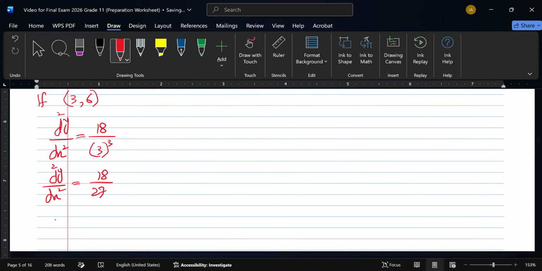When I solve this, I will get something like 2 over 3. It's not a matter of the number, it's a matter of which sign you have. Look at the second derivative. It gives you a positive answer. So d square y over dx square is positive. Therefore, 3, 6 is a minimum point.